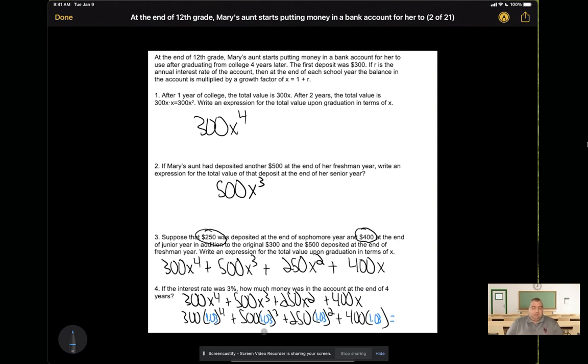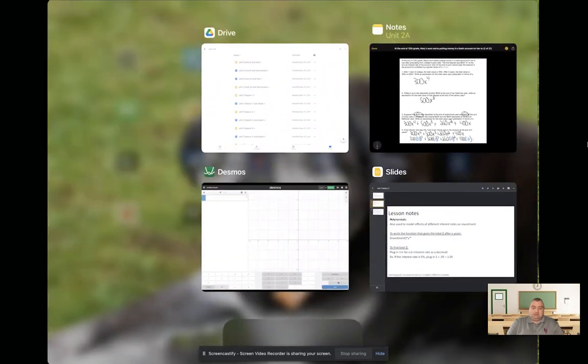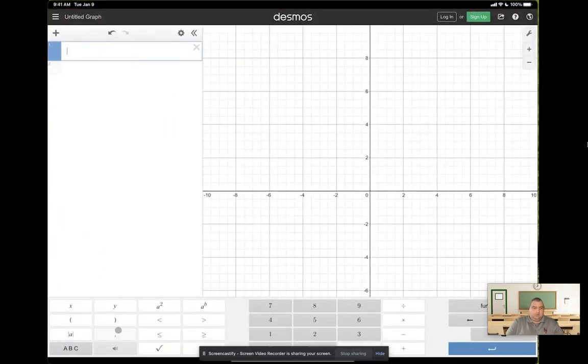There's several ways you can do this. I think it's easy just to put this into Desmos, so that's what I'm going to do. I'm going to go back to my Desmos app, and I can literally type it in exactly as is.